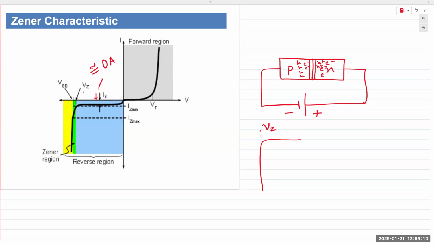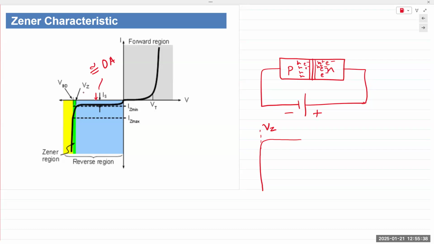Each one of these will hit other atoms, dislodging more charge carriers. Those will in turn acquire energy and flow through the lattice structure, and in turn collide with other atoms, thus releasing more charge carriers, and so on and so forth, until more and more charge carriers are created.